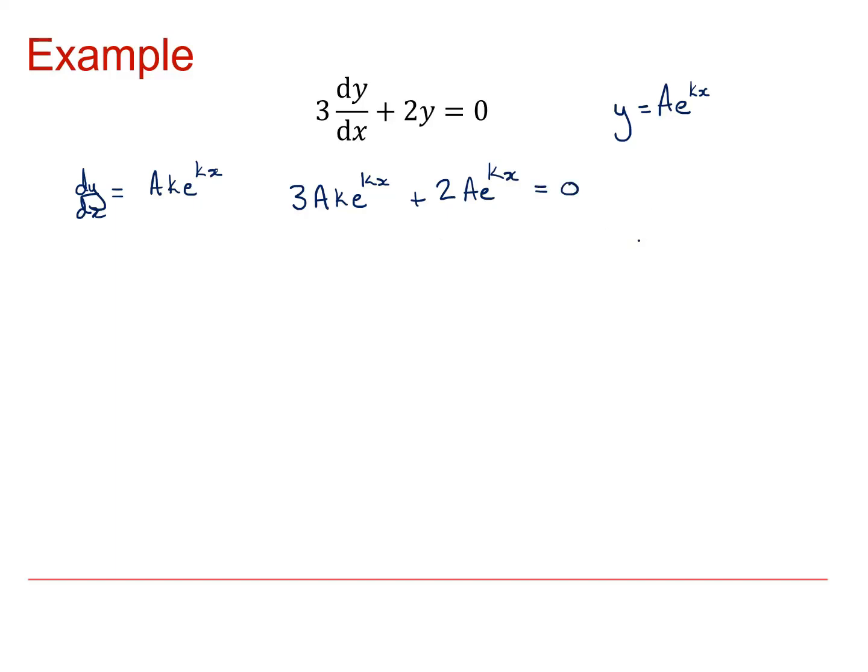Now, provided a e to the kx is not equal to 0, this equation just simplifies down to 3k plus 2 equals 0. And this equation we call the auxiliary equation.